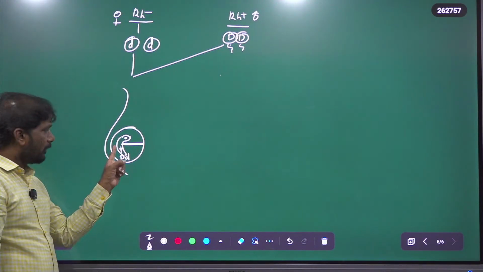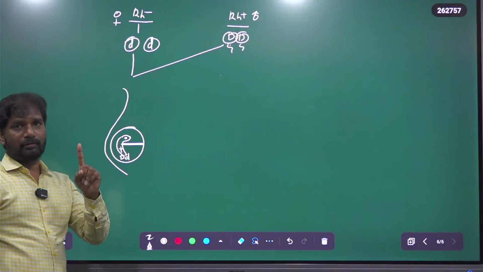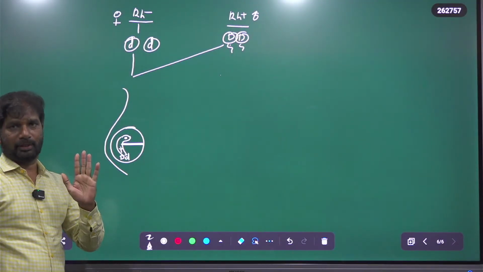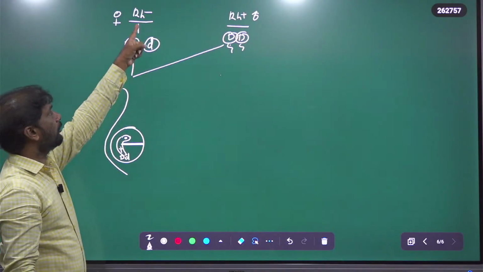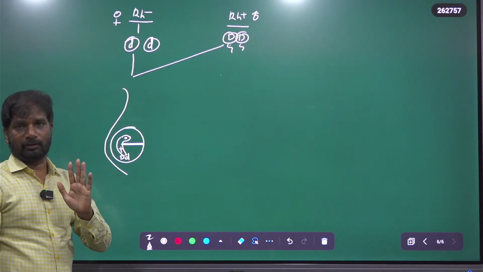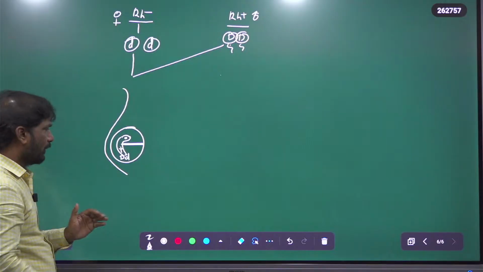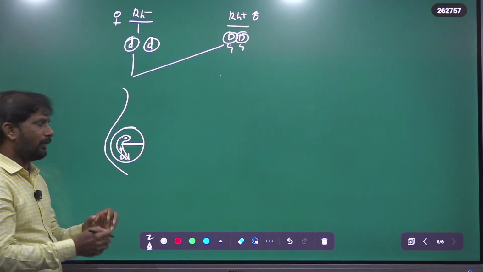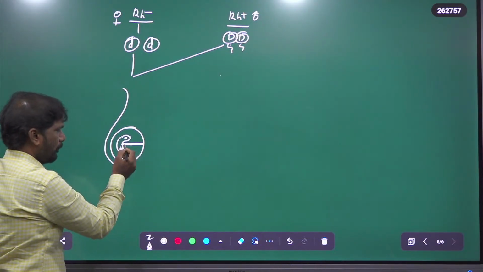That means in this fetus Rh antigens are present, but the mother is negative for the antigens.